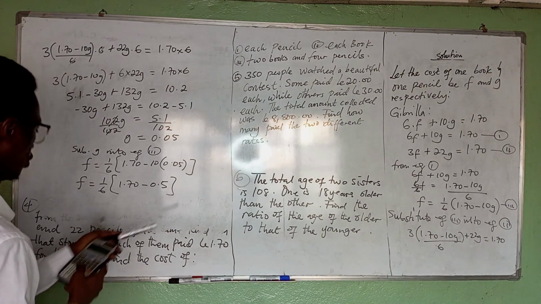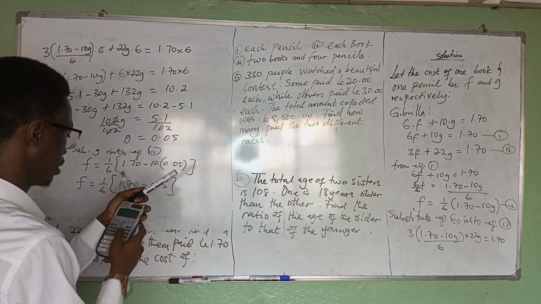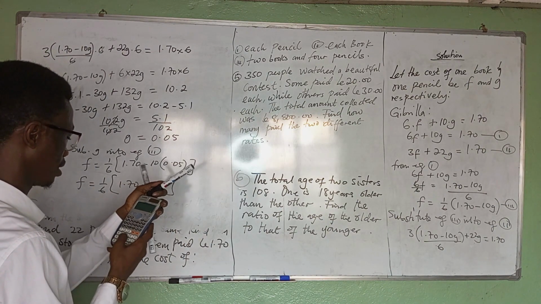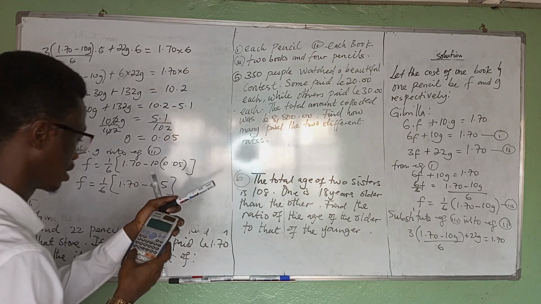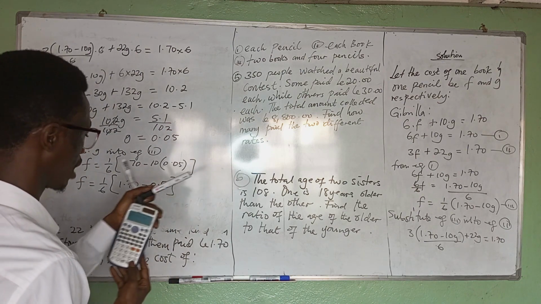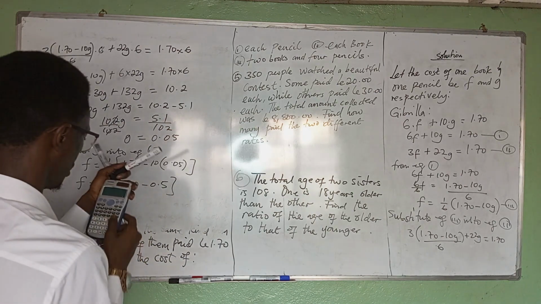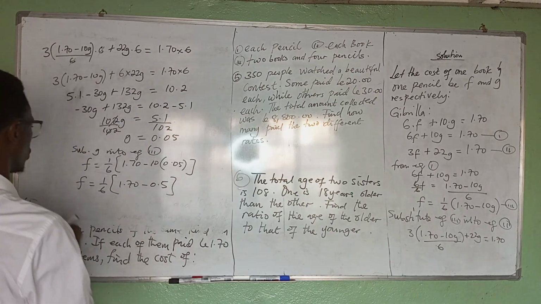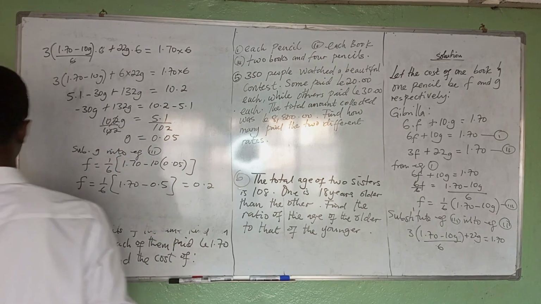Okay. So you have 1 divided by 6, you open bracket, 1.70 minus 0.5, close bracket. So you are going to have the first answer. You are going to have 0.2. So f is 0.2 Leon.